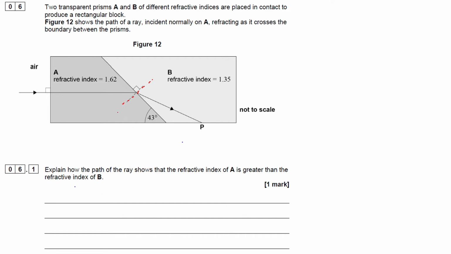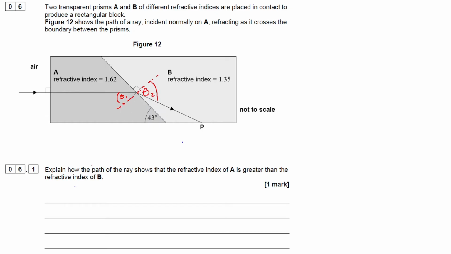Well, we can have a look and see what the angles are when they enter that boundary and when it leaves at that boundary. So, for example, we can see this angle here, we'll call this theta 1, is the angle that it enters, and this angle here is theta 2. Okay, so remember, angles are always drawn between the normal line and the ray line.